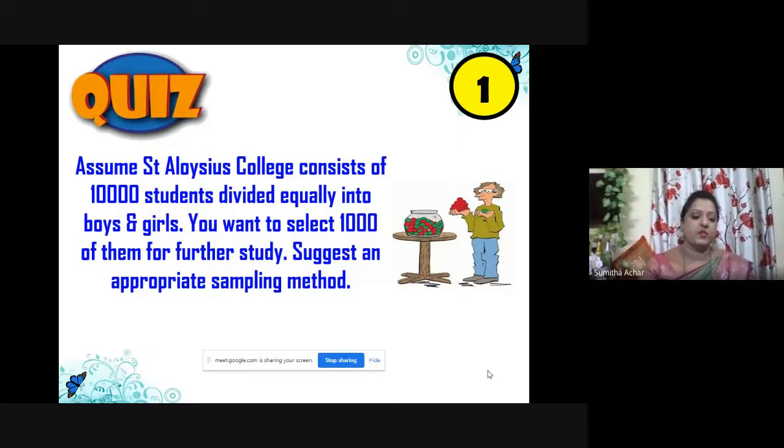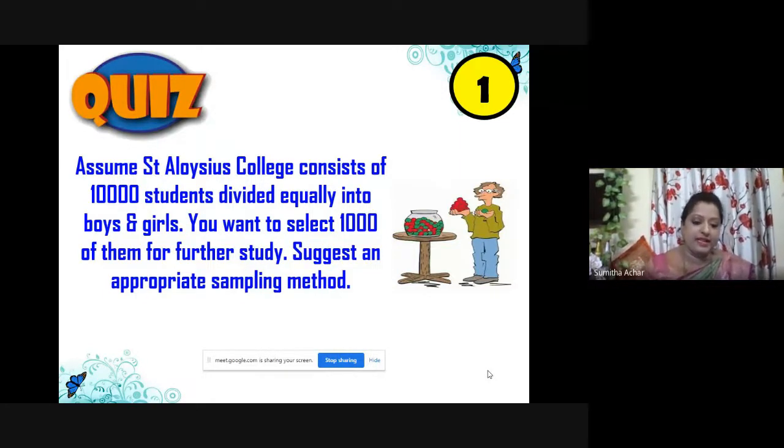Are you able to read this quiz? Assume St. Aloysius College consists of 10,000 students divided equally among boys and girls. You want to select 1,000 of them for further study. Suggest an appropriate sampling method. Quickly, I want the answers. What is there in your chat box? Stratified?